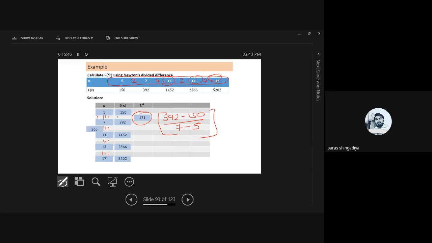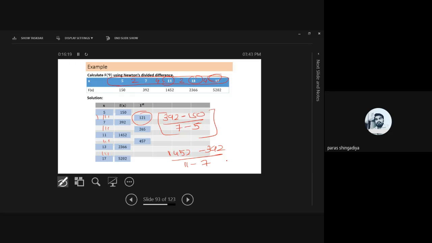Second one, the difference of 1452 minus 392 divided by 11 minus 7. That will be 265. You will get the answer. Then the third one, 2366 minus 1452 divided by 13 minus 11.